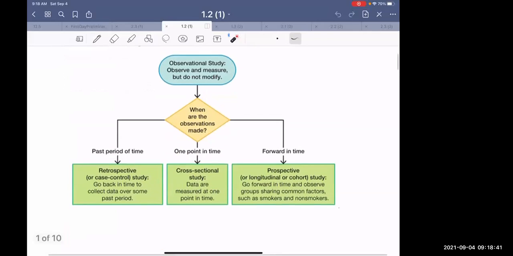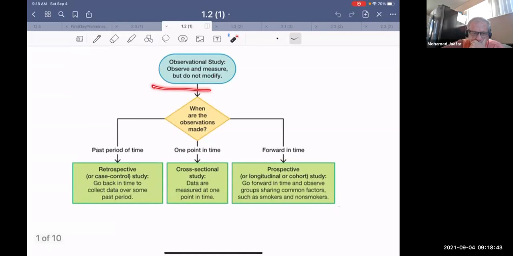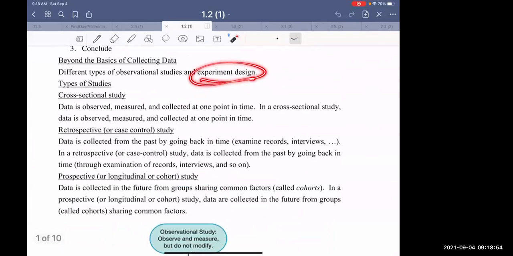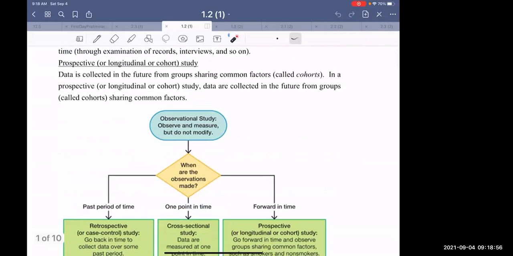And so, in an observational study, we observe, but we do not modify. In an experimental study, we modify. So, observational study, you observe and measure, but you do not modify.